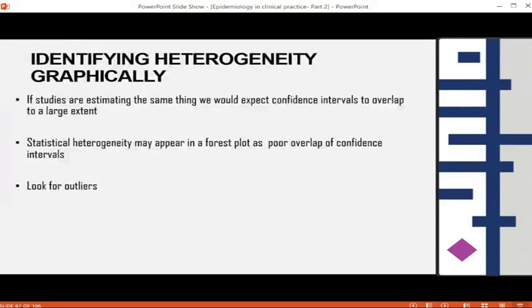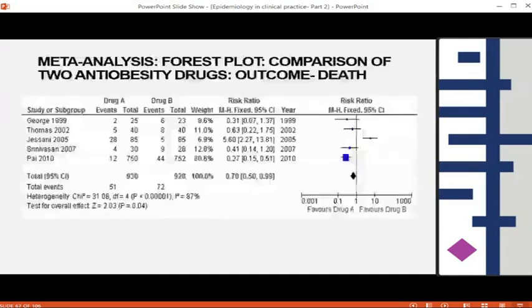So what we can do to identify heterogeneity is look at the confidence intervals and see whether they overlap. If they do not overlap, then it suggests that there is heterogeneity. What I mean here is looking at this forest plot. The first study, George 1999, made a prediction.